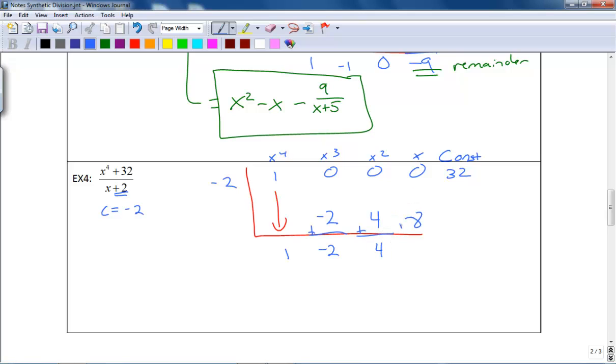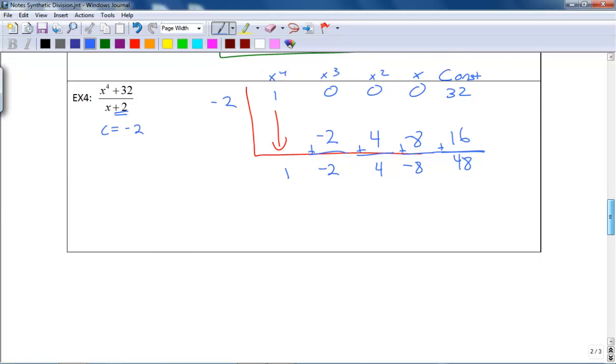Write it next column over, add down, 0 plus a -8, -8. Multiply again, -2 times a -8 is a +16. Next column over, add down, and we end up getting +48. Run out of columns, so I know to stop.